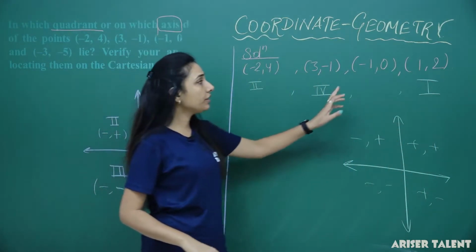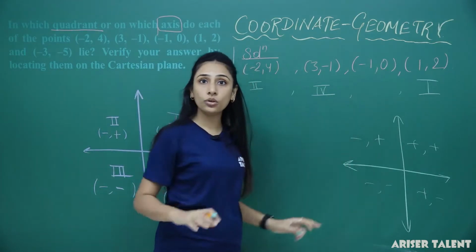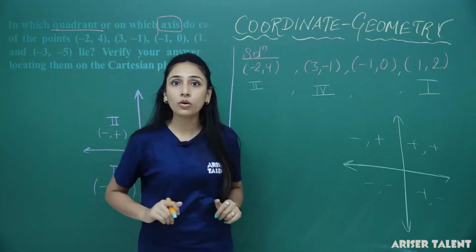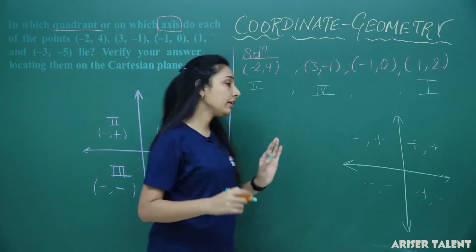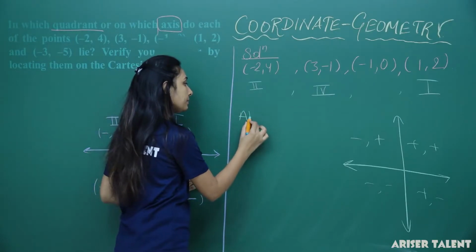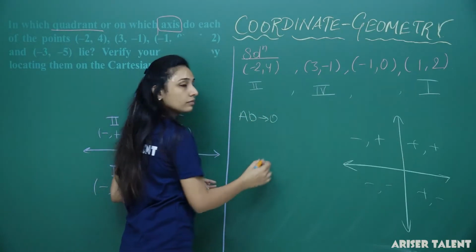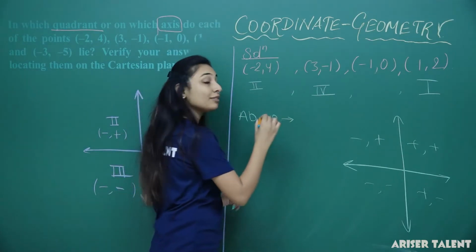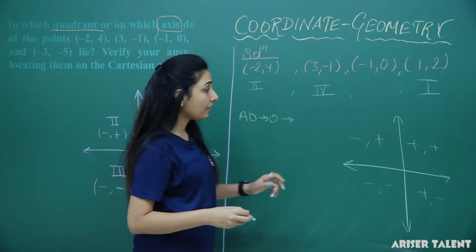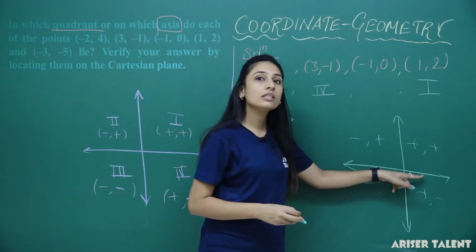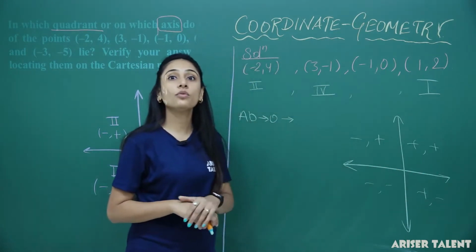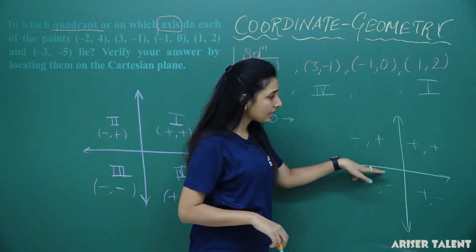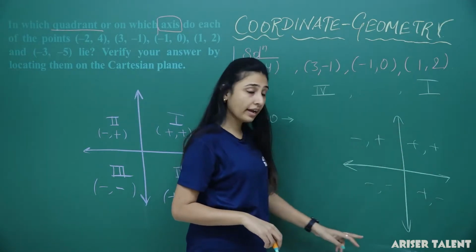Now, the very last thing we talked about in the previous lecture is, if your abscissa is 0, then the point lies on the y axis.